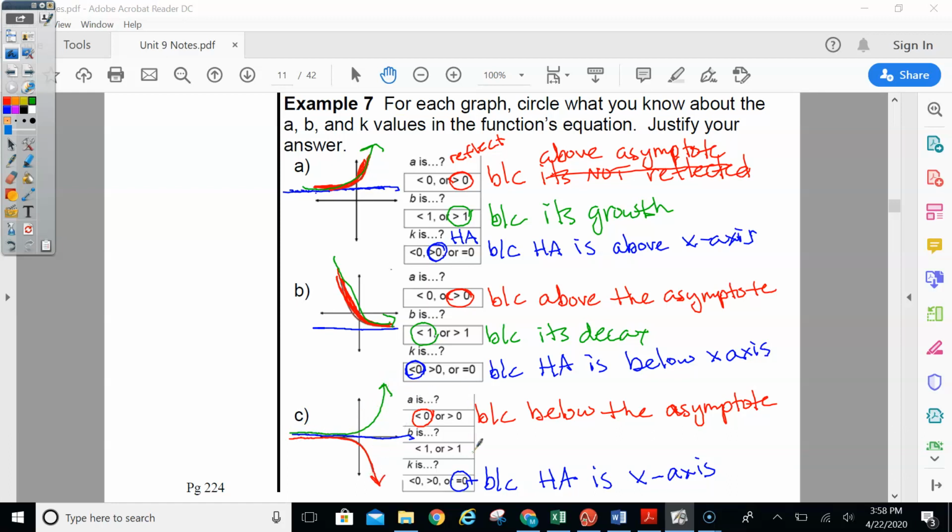So here the base is greater than 1 because it's a growth that was reflected. That's what turned it into a decay, but you have to undo that operation here. Okay, so this is just being able to analyze the graphs. We're not going to be graphing them physically, but you will have to be identifying the transformations and the asymptotes for these problems.